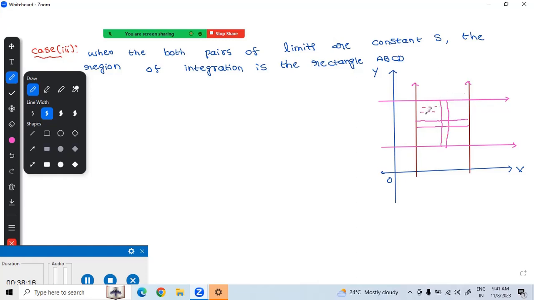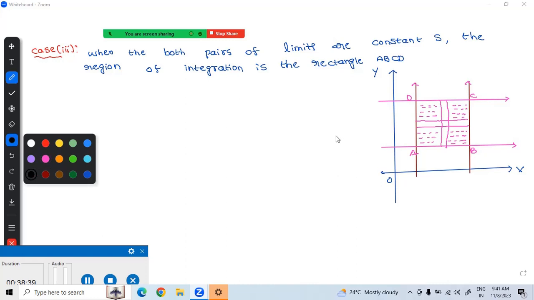Finally this part is found: A, B, C, D, P, Q, R, S.